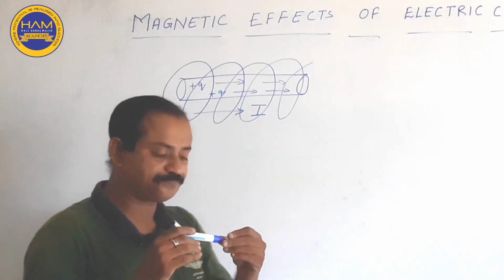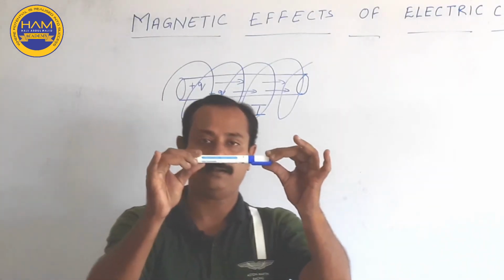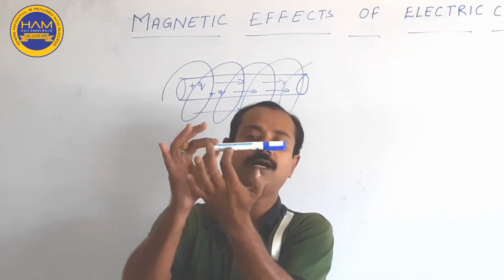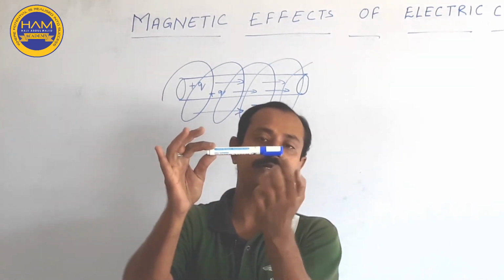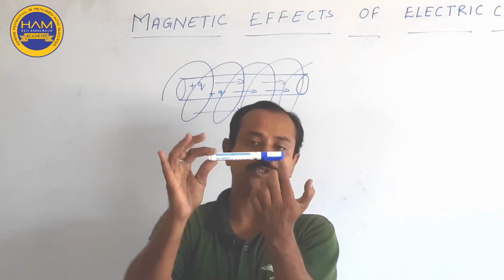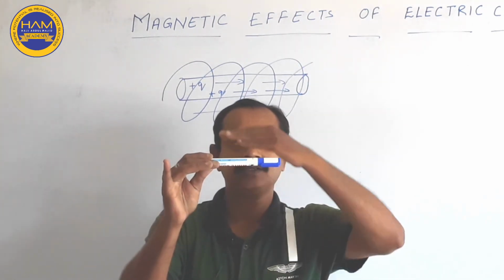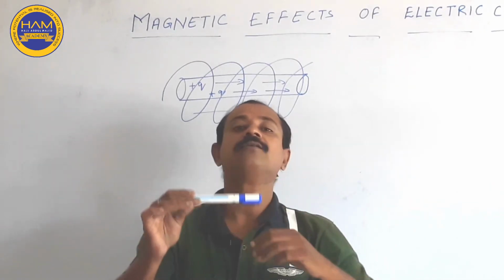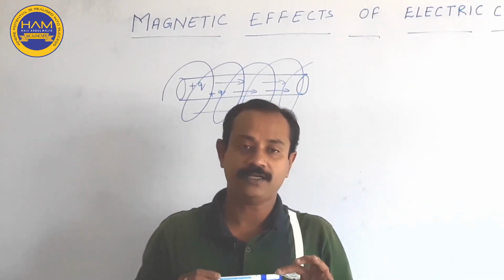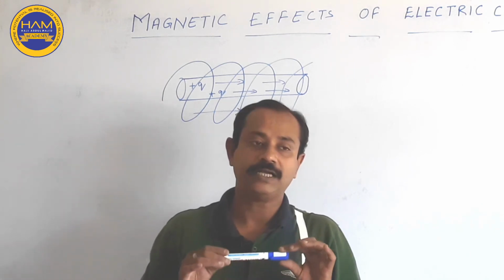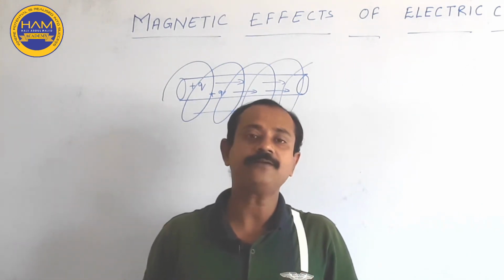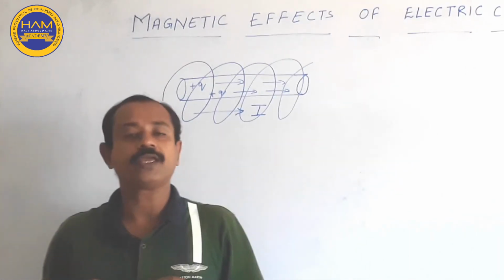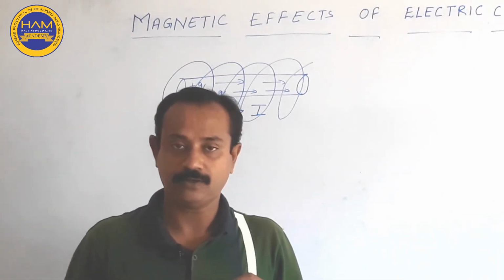For example, if I take this pen as a current carrying conductor, and from this finger the direction of electric current is towards the cap of this pen, then along this plane we have the magnetic field, and this is by default. Whenever an electric current passes through any circuit, by default there is a magnetic field, and especially I am talking about a DC current, okay.